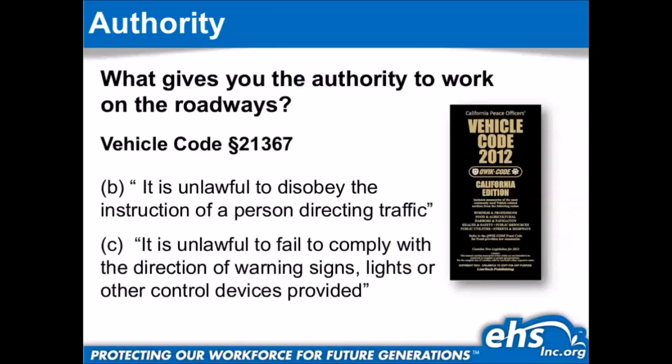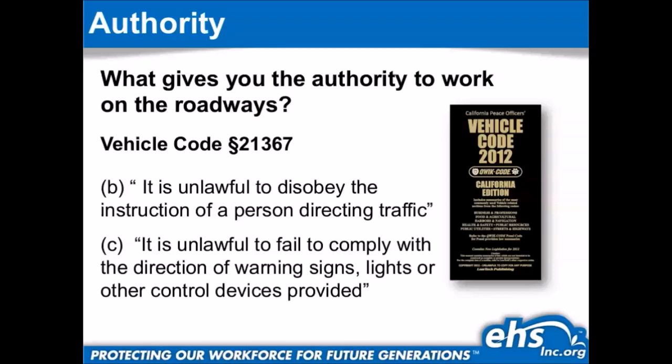What gives him the authority to let me know what to do? Well, the way that the law works, guys, is that whoever's being an obstruction on the roadway, whoever's doing the work on the roadway, has to safely guide people through the affected area, right? So they have the authority in that affected area. And what gives them the authority is California Vehicle Code 21367.